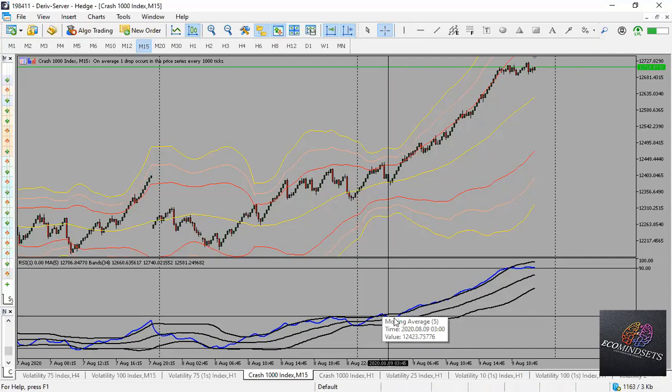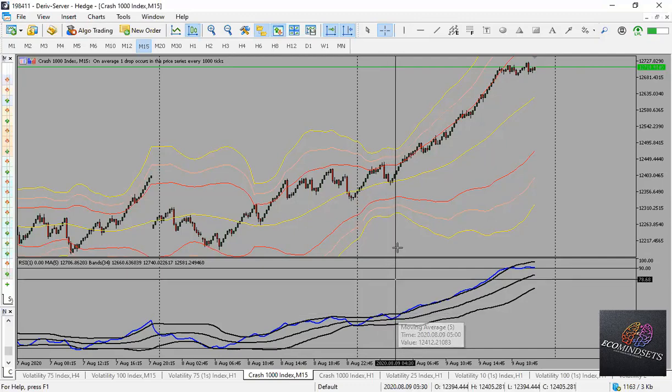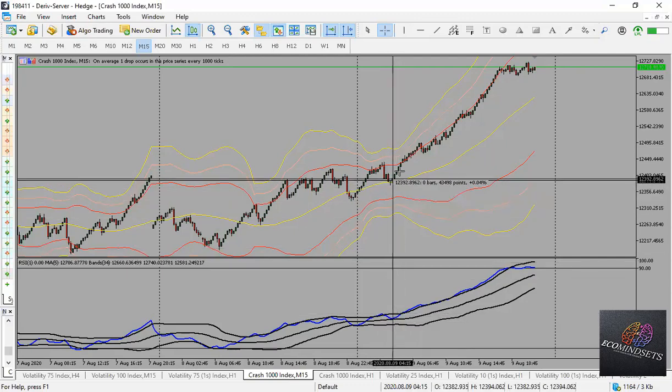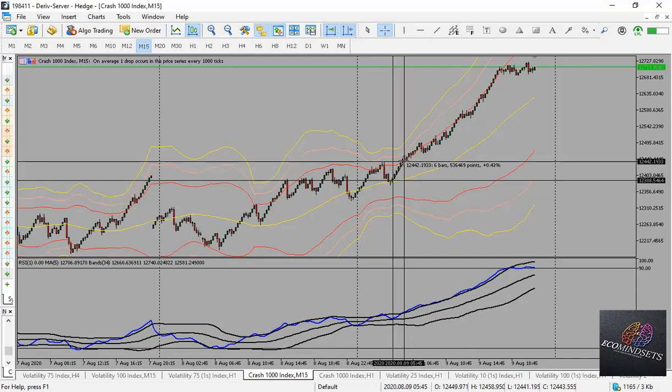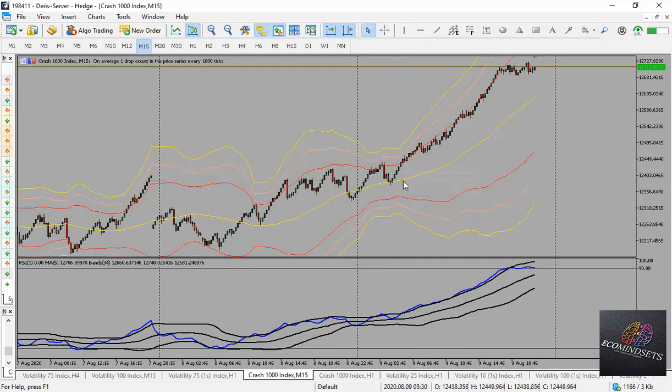That is the moving average 5. This confirms the buy to me. I'll take this buy and take my profit at the first upper Bollinger Band, and I'm out. This is on 15 minutes, about 5 15-minute candles, which equal 1 hour H1 candle. And that is a lot of money.